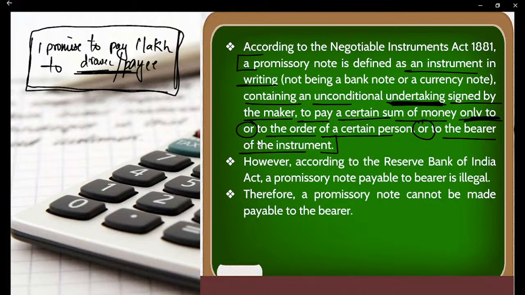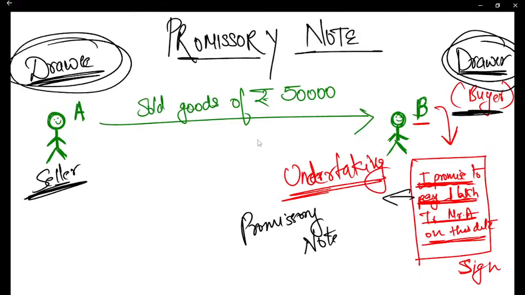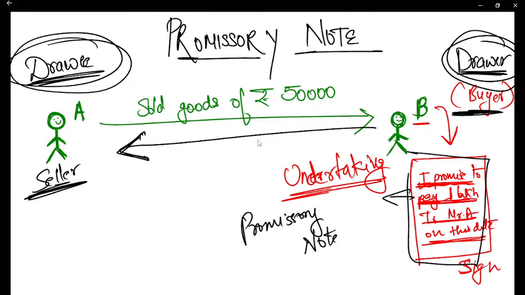Now why it is compulsory? Because अगर ये promissory note कल को खो जाता है, as I have told you, यहाँ पे B made this promissory note and B send it to A. B ने ये promissory note किसको दे दिया?